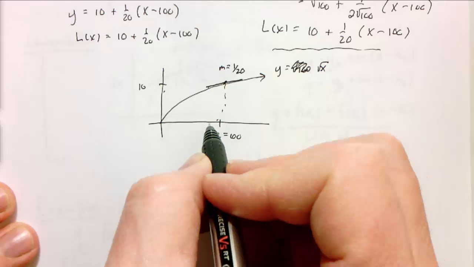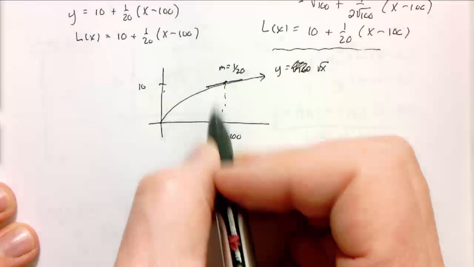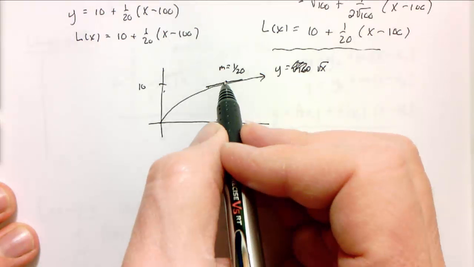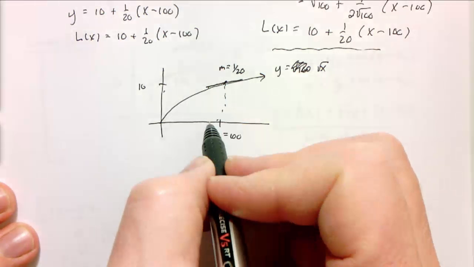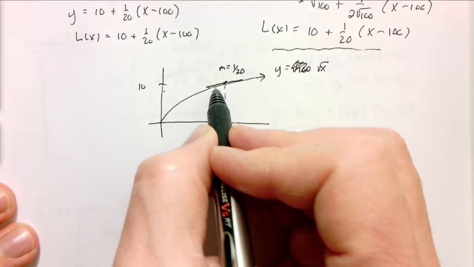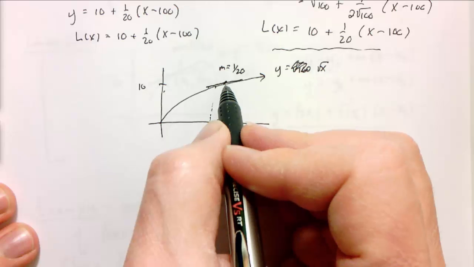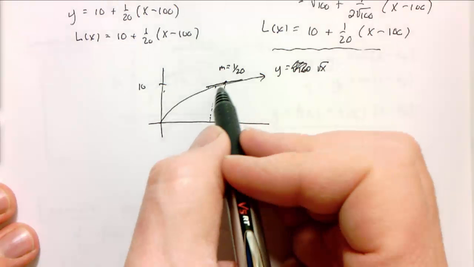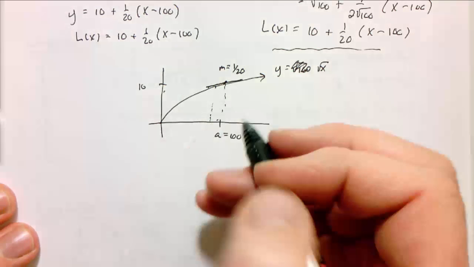If I go over here to 99, that's one step to the left, 1 unit, and my slope tells me I should go down 1/20th. So the square root of 99 here is going to be approximately 10 minus 1/20th. One step to the left, I have to go downhill by 1/20th.